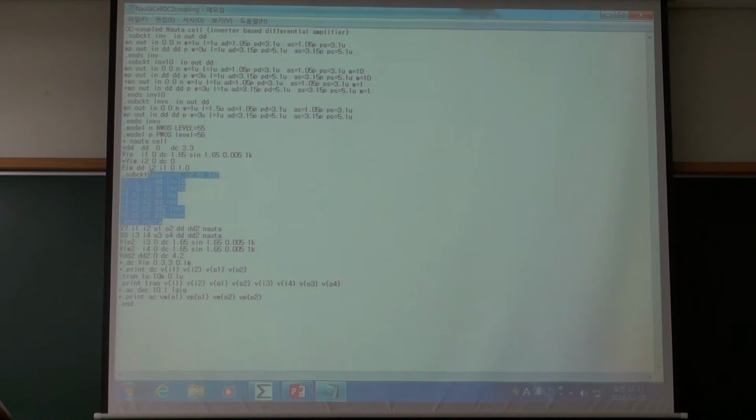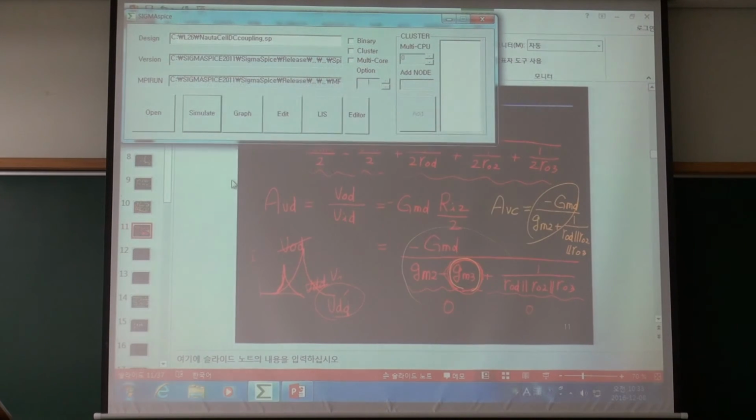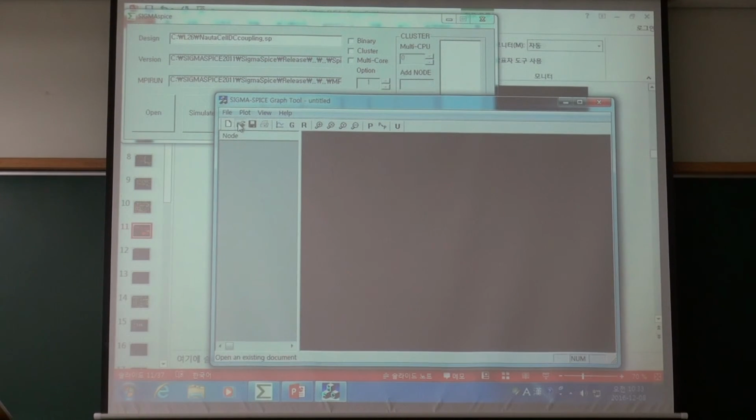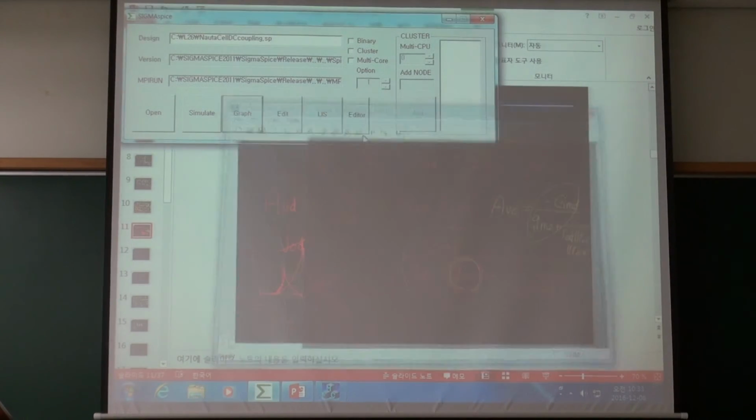Do I have some error? Oh yeah, you're right. You save a lot of time. Thank you. So it matches, right? Let's just simulate this thing. Okay, then let's see. Do I have a tran here? Oh, how come it doesn't work? Looks like I have more errors there.